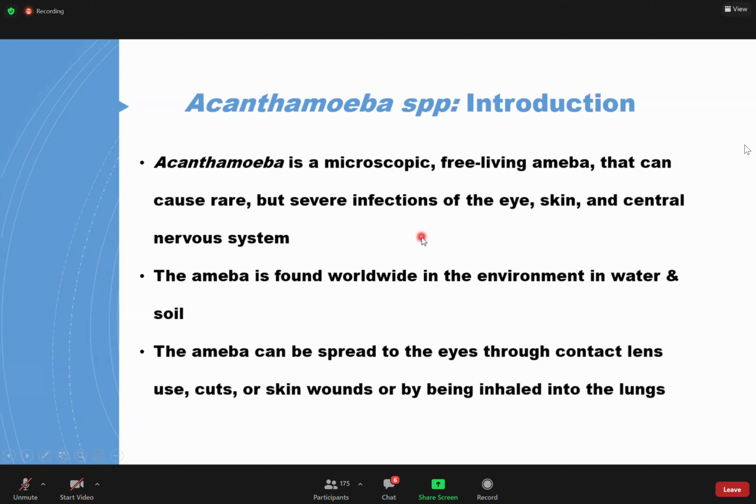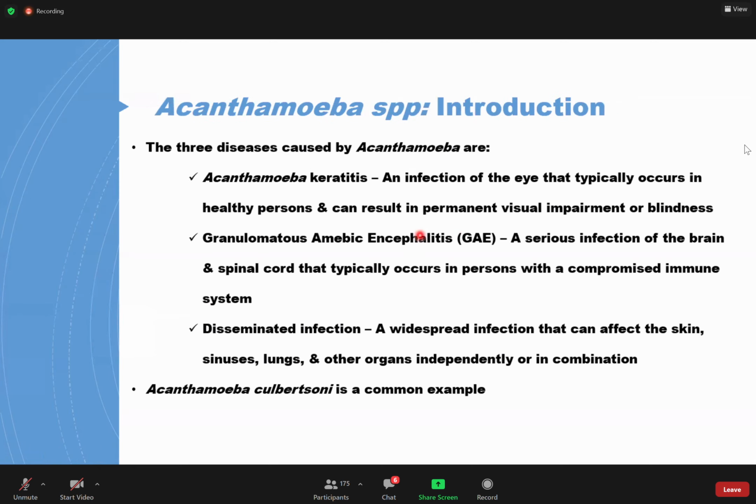It can also be inhaled into the lungs when you dive into the swimming pool or into the lake having fun. Now, there are three distinct clinical conditions associated with this organism. Remember, we said it has a predilection for the eye, the skin, and the lungs. So you can have what we call Acanthamoeba keratitis involving the eyes.